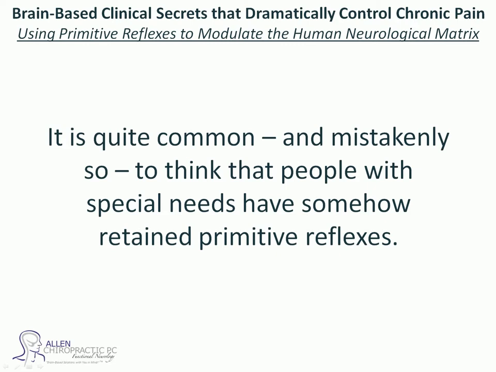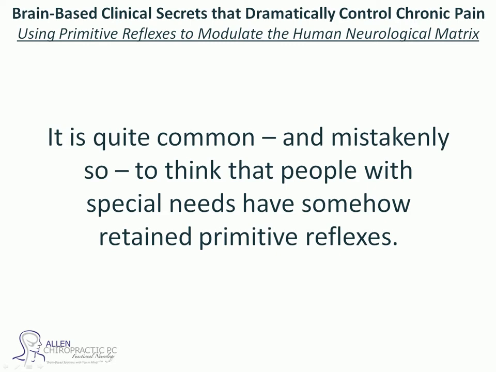It's quite common, although mistakenly so, to think that people with special needs have somehow retained primitive reflexes. This is not a retained reflex issue. This is an abnormal display of primitive reflexes that, once it's resolved, should help the cortex, the nervous system, perform in a more natural way.